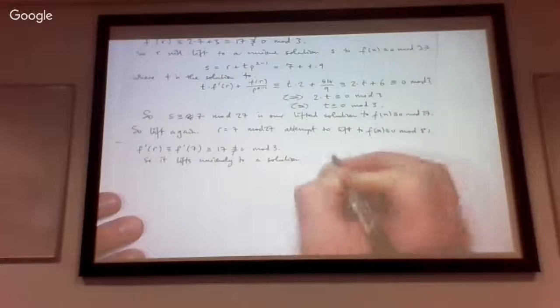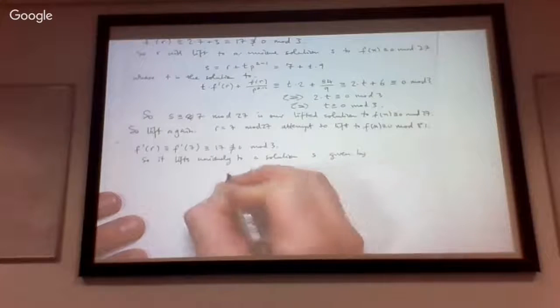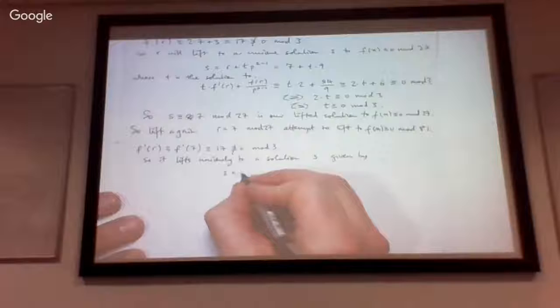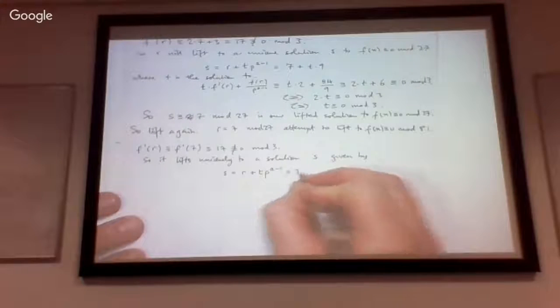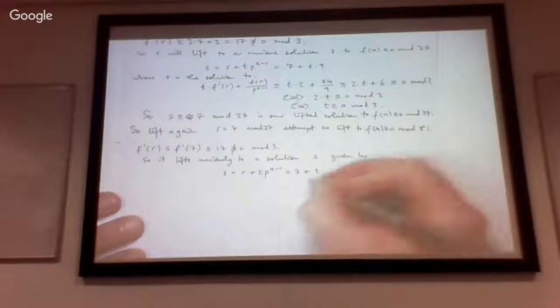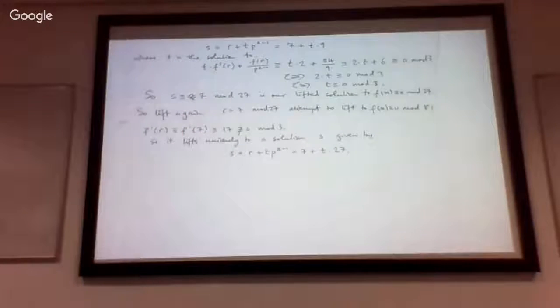So it lifts uniquely to a solution S, given by S is r plus t times p to the a minus 1, and that's 7 plus t times 27, because that's the level we're lifting from.